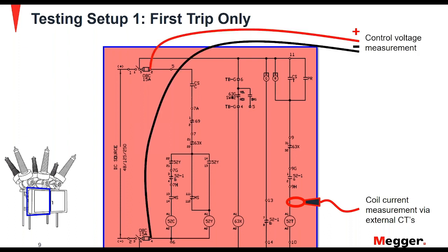In addition to that, I can also measure the control voltage, and to make sure that all my measurements are in sync with the operation of the breaker, I can take a trigger from the control command and put this trigger into my circuit breaker analyzer. So the circuit breaker analyzer will know when to measure the circuit breaker current and time it correctly for the reference value as well.